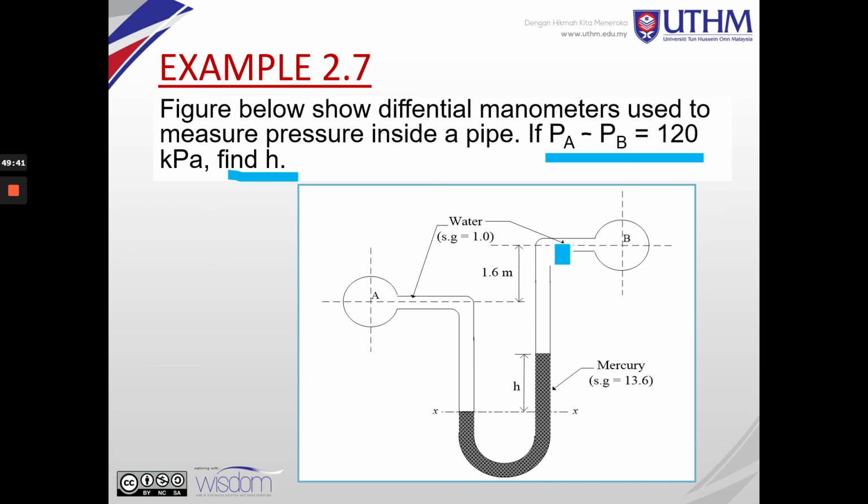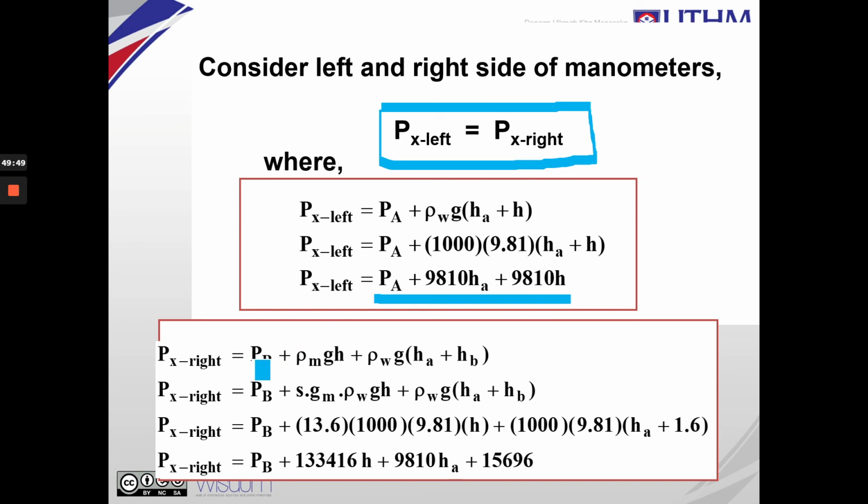So on the right, PB plus density of mercury times g times H, plus density of water times g times (HA plus HB).